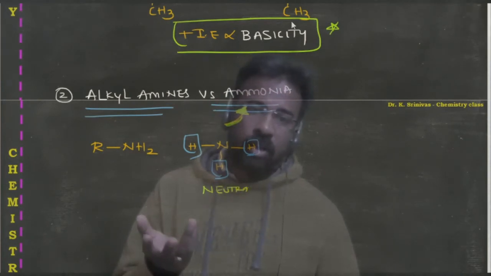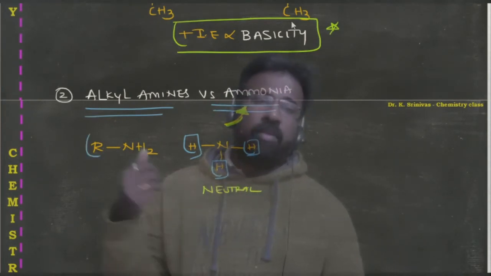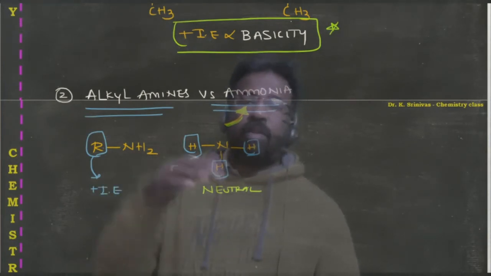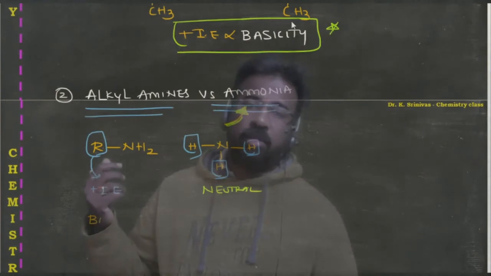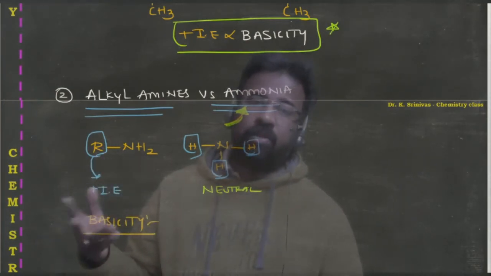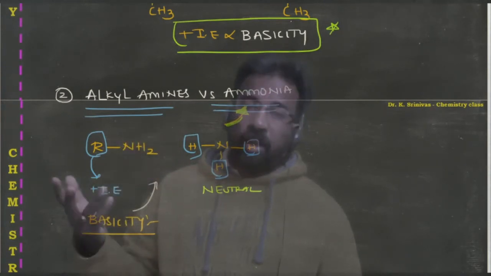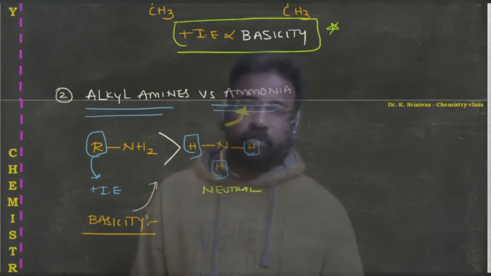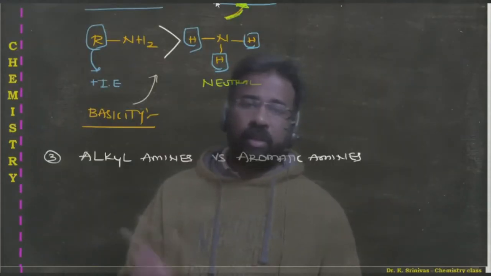Whereas in the alkyl amine, we have a plus inductive effect. From the above, we came to know that the plus inductive effect group increases the basicity. Therefore, alkyl amines are more basic than ammonia. I hope it's clear.